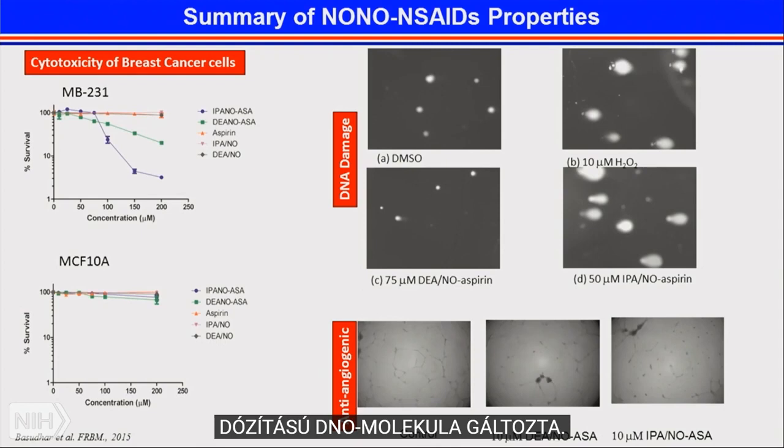Then we studied the DNA damage using the comet assay. This is our DMSO control, and this is our positive control, where we induce DNA damage using hydrogen peroxide. Ipanoaspirin showed DNA damage, but NO-releasing dinoaspirin did not show DNA damage in the comet assay.